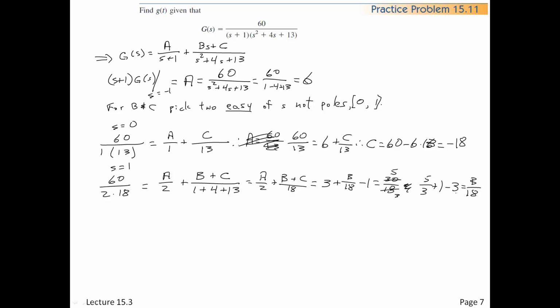That's minus 6/3 plus 5/3. So this is going to be minus 1/3 equals B over 18. So it looks like B is equal to minus 6. Okay, so this looks like the way we're headed here.